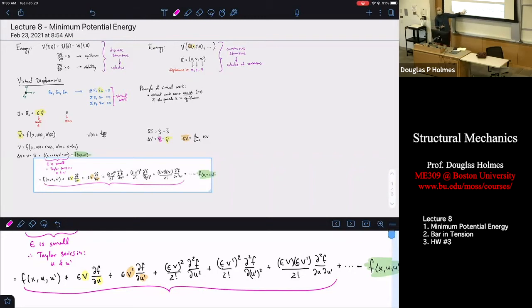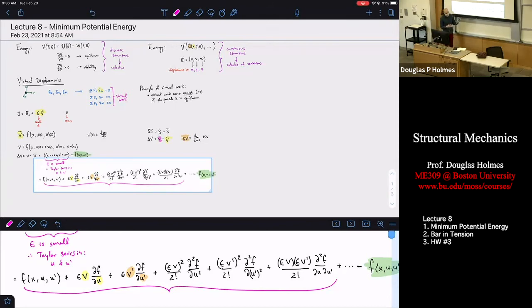Mathematica is your friend. If you put in f as a function of these variables and you ask to do a series expansion about these 2 things, it'll spit out this exact thing. I'll try to cook up a quick little Mathematica notebook to post on the website just for Taylor series expansion so you can see it, because it might be useful if you want to be able to do this.